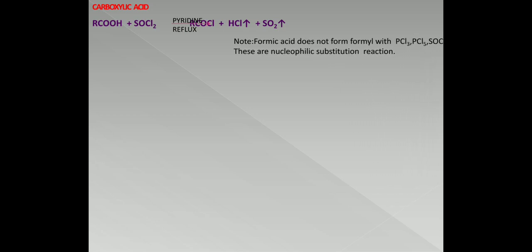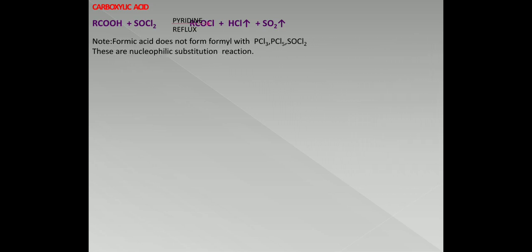Similarly, when it reacts with SOCl2 in the presence of pyridine and reflux, it gives the RCOCl acid chloride, HCl and SO2. Note, formic acid does not form formyl chloride with PCl3, PCl5 and SOCl2. Why? Because it is unstable at room temperature.